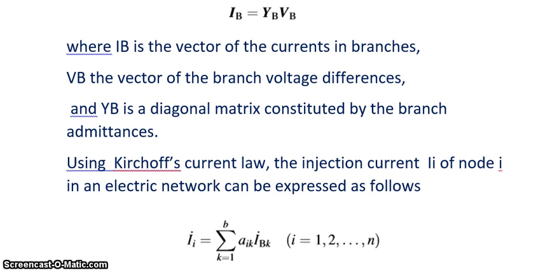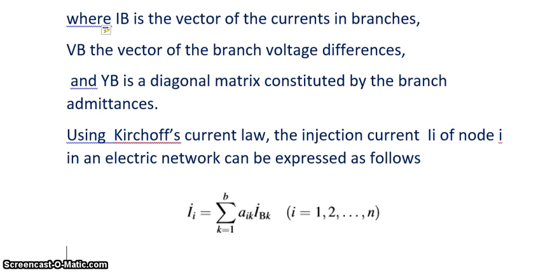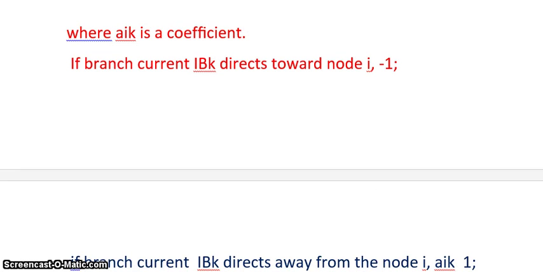Using Kirchhoff's current law, the injection current Ii of node i in the electric network can be expressed as Ii equal to the summation over k equal to 1 to b of Aik Ibk, where i is 1 to n, and Aik is a coefficient. If branch current Ibk is directed towards the node, then it is minus 1.